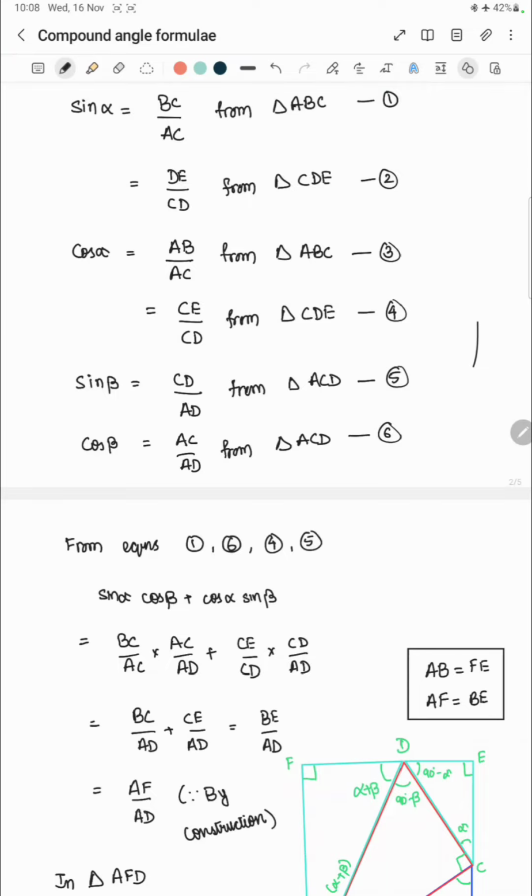In picking these terms, you can see that the denominator AC and the numerator AC, the denominator CD and the numerator CD, do get cancelled. So we have BC from up here and AD from down there, and CE from up here and AD from down there.